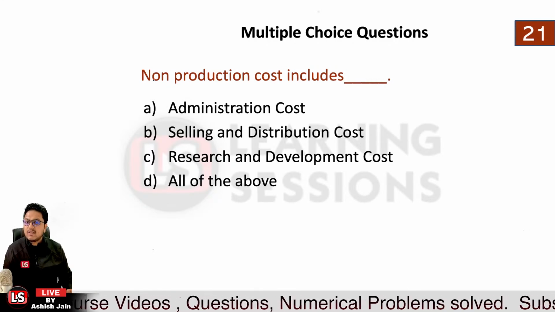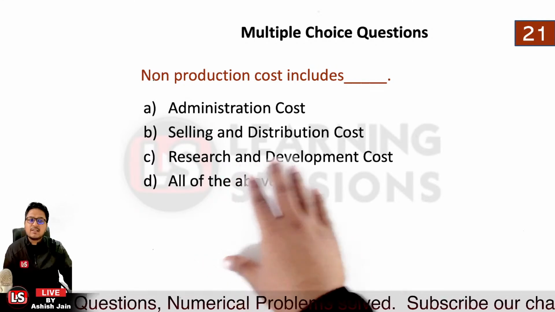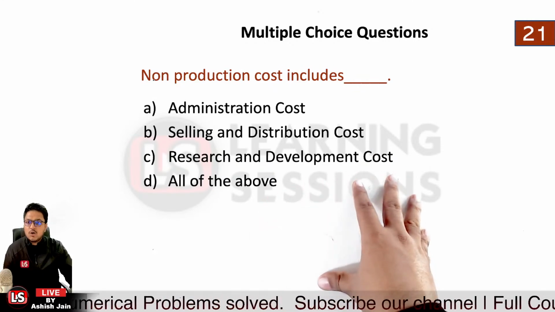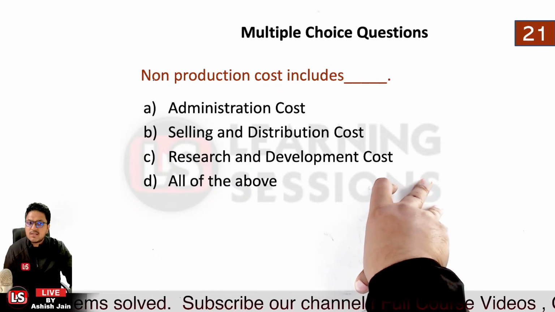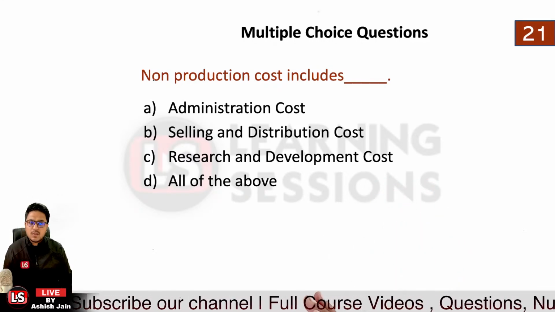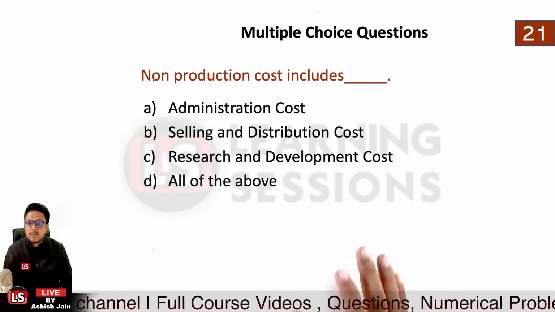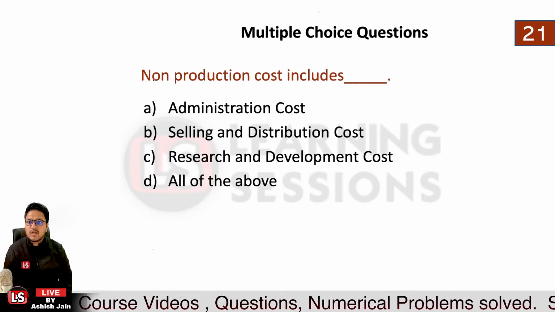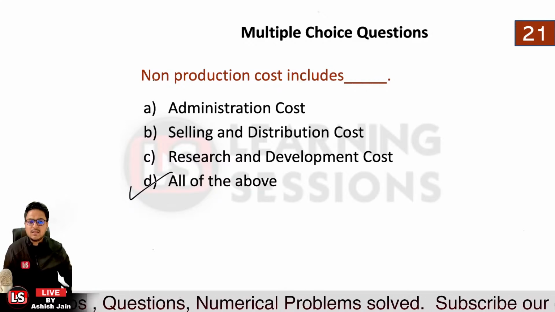You have other expenses related to the salary of a salesman that will be covered under selling and distribution cost. You have paid the scientist or the researcher who is going to research the product. That is research and development cost, that is R&D that you are paying for. All these costs are not related to the production, so these are covered under the non-production cost. So question number 21, option D would be the right answer.